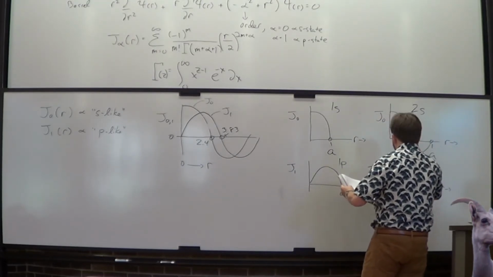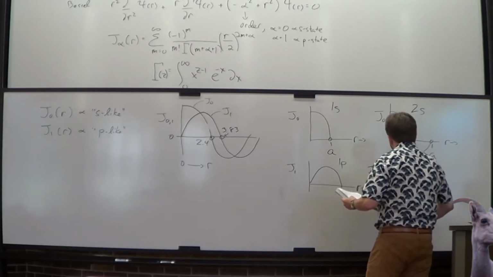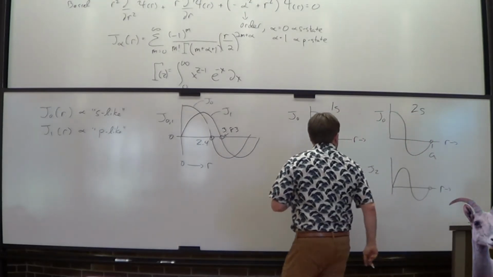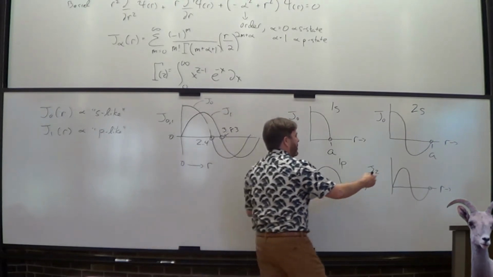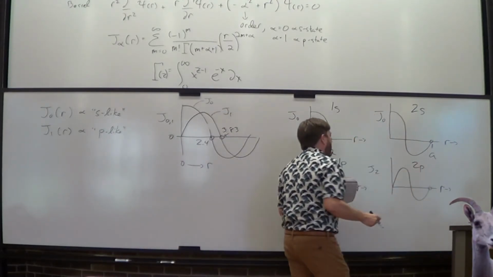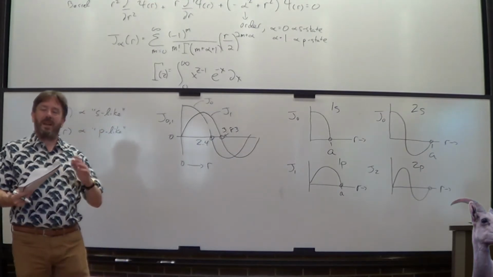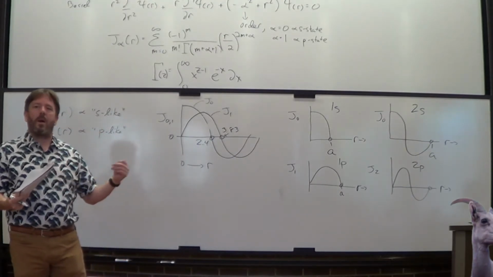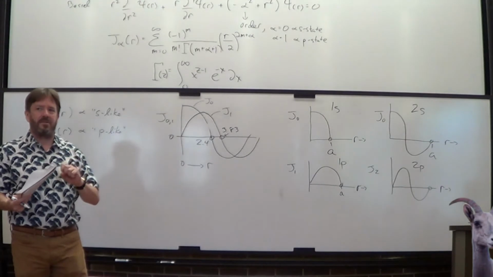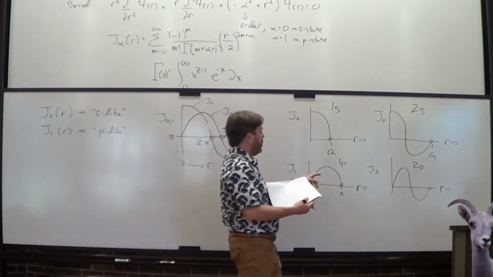It's going to do this. So there you go. That's 1P, this is a 2P state. I know that there should be a 2P state because I'm kind of wanting this to look like hydrogen, but it's not hydrogen. And I know that because it actually has a 1P state.